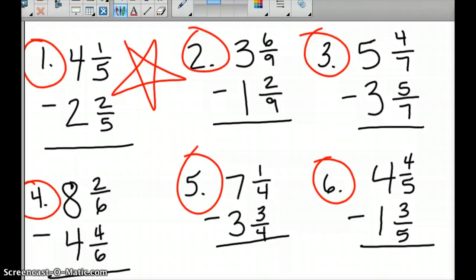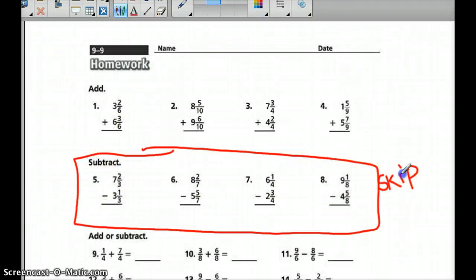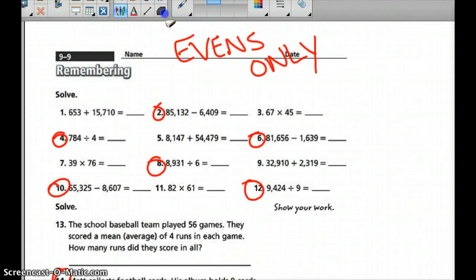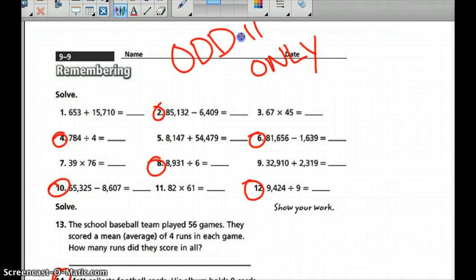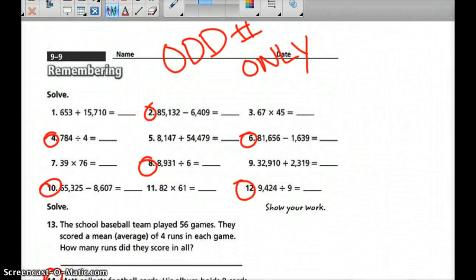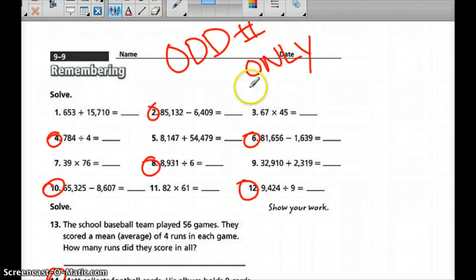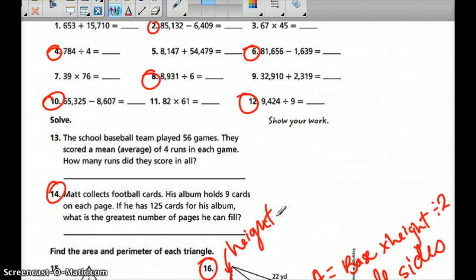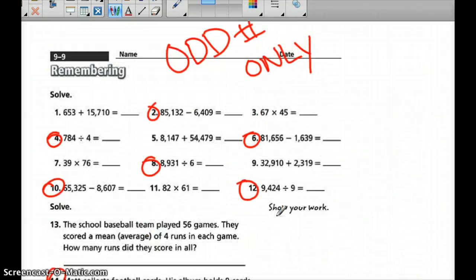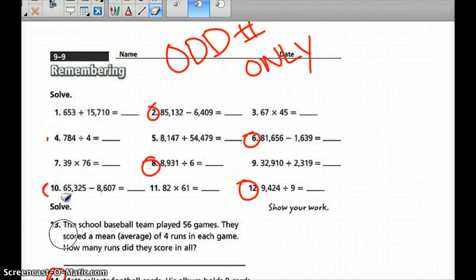So on your homework today, you are working on just numbers 5 through 8. And on the back side, you are going to do the odd numbers, since we did not do those yesterday. Okay, so you're doing all the odd numbers for today's lesson.